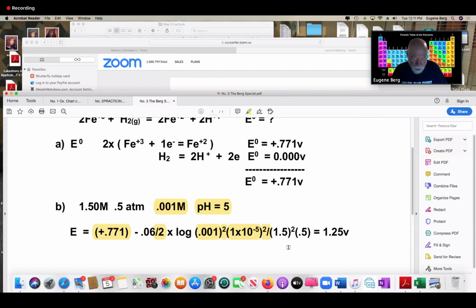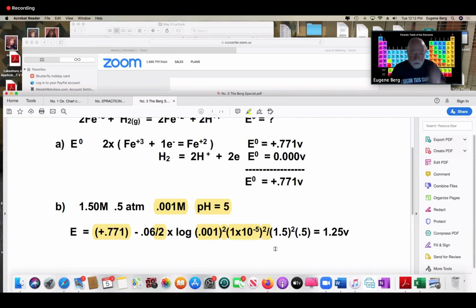So the fraction is, wow, 8 times 10 to the minus 17, something like that. Anyone verify that? Anyone doing this along? I hope you practice on your calculators with me, by the way. I'll hit my log button. I get something like negative 16. Then I have to multiply it times 0.03, change the sign, equals, I've got 0.48, and that's got to be added to the E0 plus 0.771, and I get an answer of 1.25 volts.